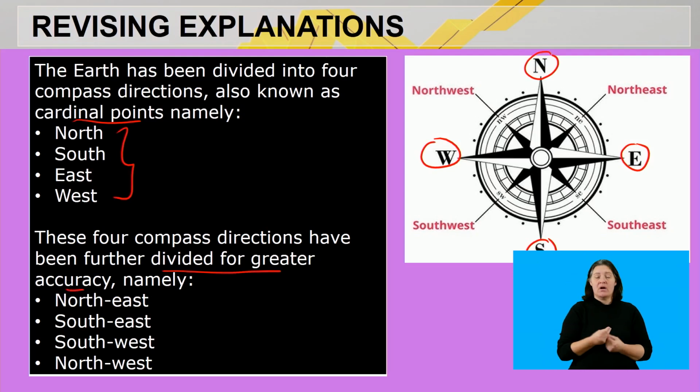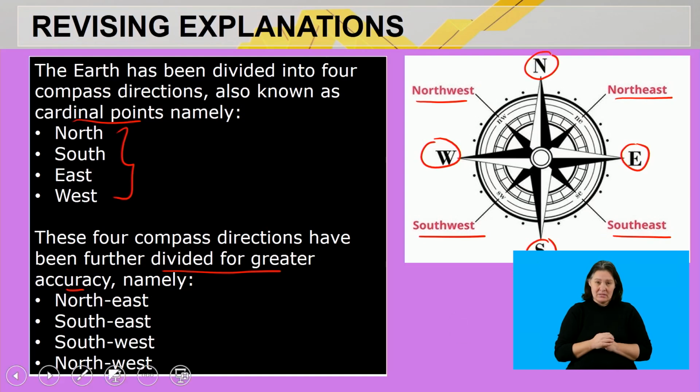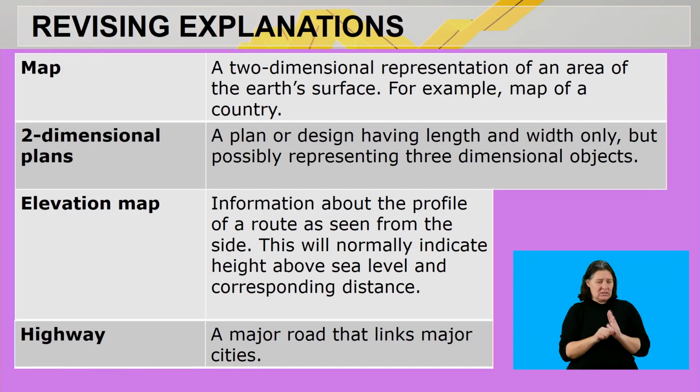So that will then be your northeast, southeast, southwest, and northwest. We started off with our 4 main cardinal points, and we look at the subdivision of each one. I want you to be familiar with this because when we work with maps, this is so crucial in answering questions.